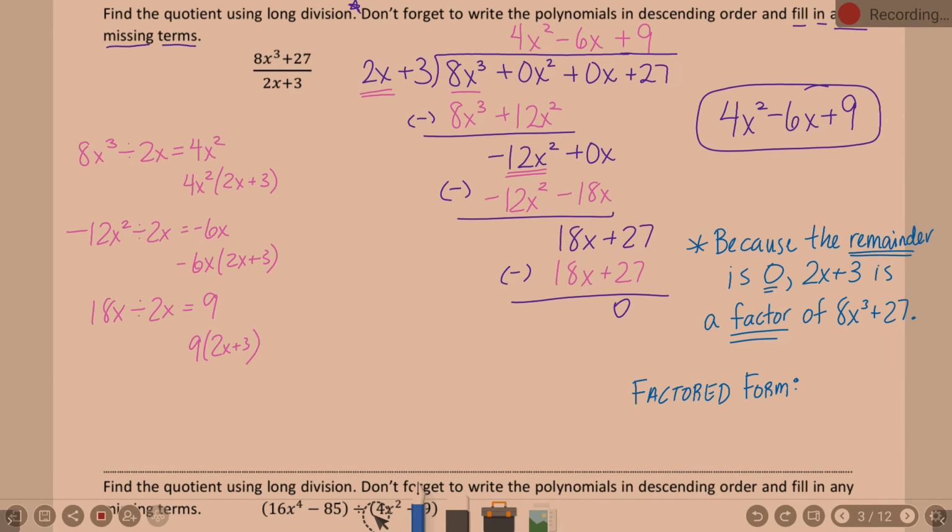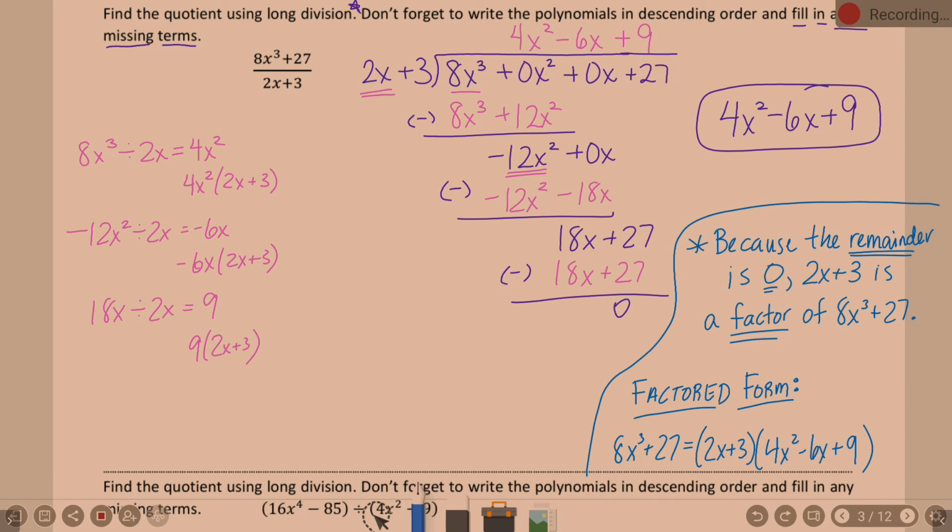If you are asked to write in homework factored form, you're going to take that original dividend, 8x cubed plus 27, and in its factored form, one of the factors is the 2x plus 3, and the other factor is our solution of 4x squared minus 6x plus 9. So if you see that in homework, go for that. Okay?